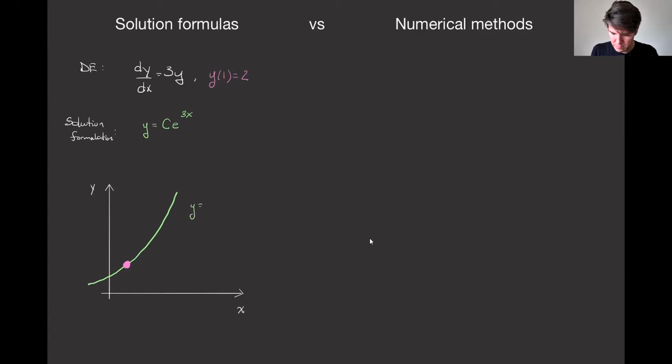y is equal to, 2 is equal to c e to the 3. So this would be 2 e to the negative 3 times e to the 3x. We could actually find the c value based on this initial value.